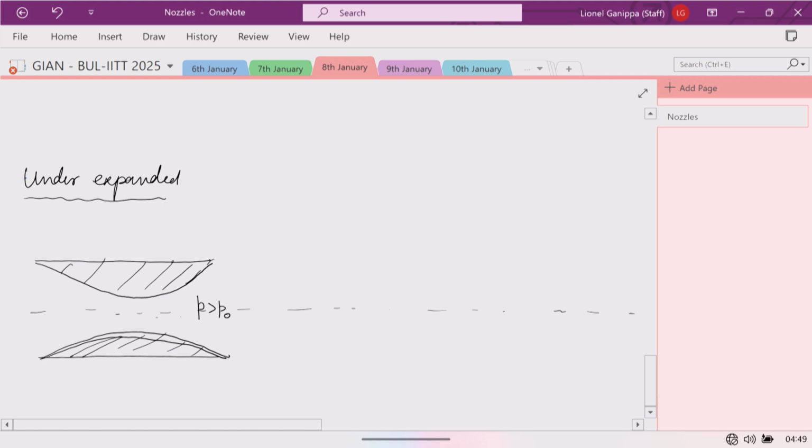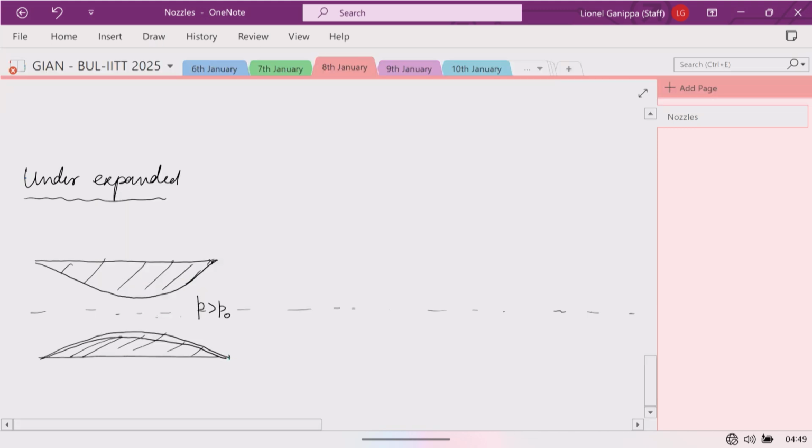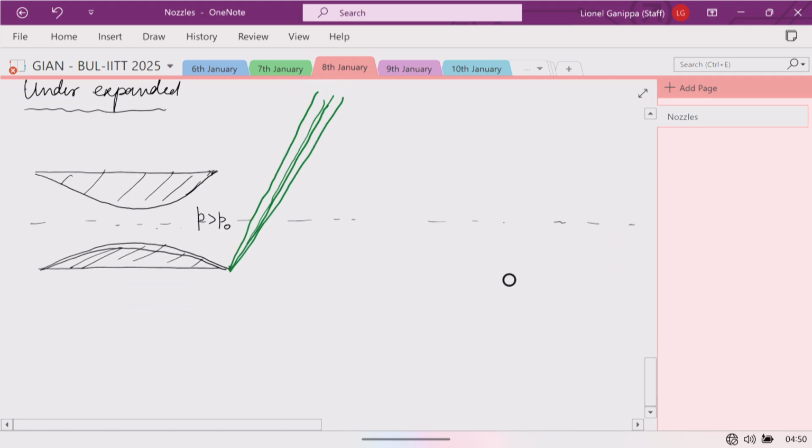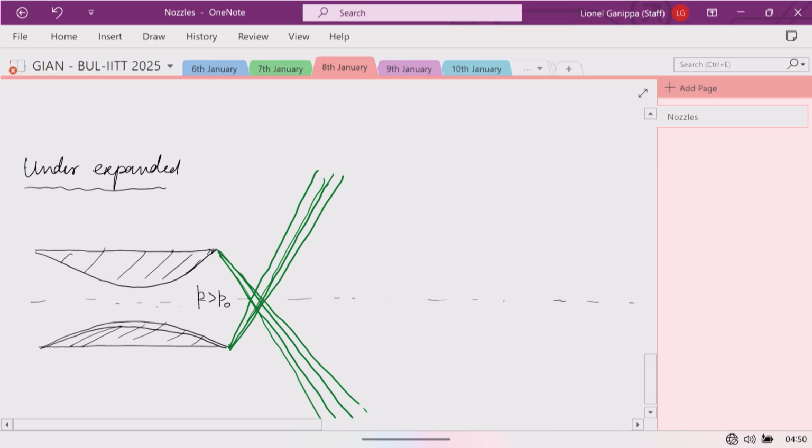That is the condition here. When the situation is P greater than P naught, we end up in the formation of expansion waves right at the start. So here we see an expansion fan at the start here. So when you have an expansion fan, you see the flow will turn. Basically, the flow turns.